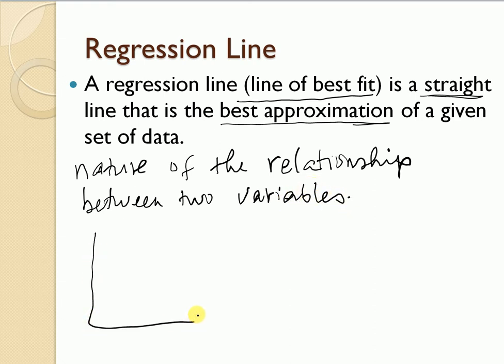So, for example, on our scatter plot, if the independent variable x and the dependent variable y are plotted on a scatter plot, then we draw a straight line through the data.